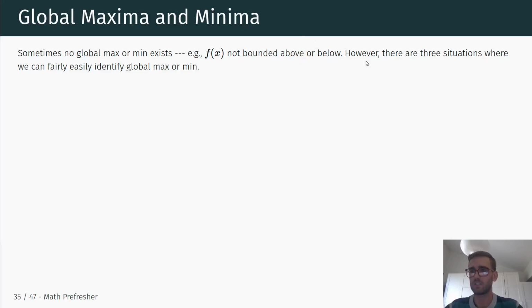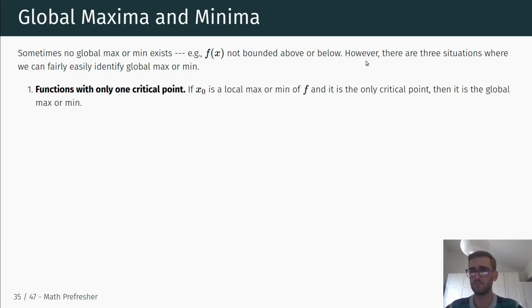But there are three situations where we can fairly easily identify a global maximum or minimum. First, if a function only has one critical point, so if x0 is a local maximum or minimum of f, and it is the only critical point, then it has to be a global maximum or minimum.